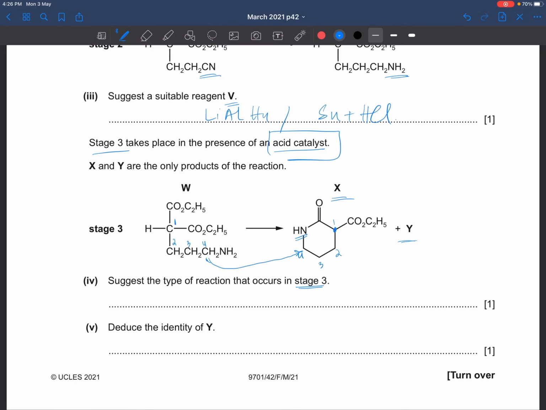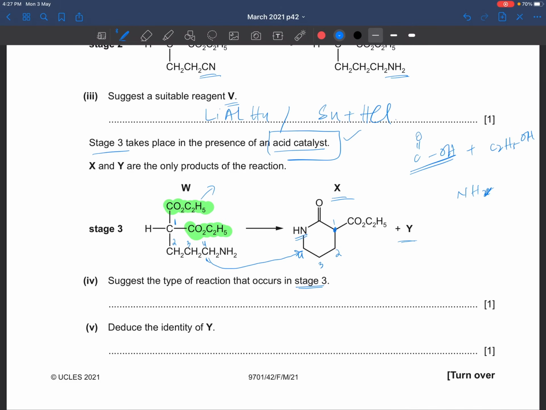So that means condensation occurs. So that means either this CO2C2H5 or this CO2C2H5 is broken. It's being hydrolyzed. First it converted into acid and alcohol, right? If this CO2C2H5 is hydrolyzed in the presence of an acid catalyst, it becomes C double bond O OH plus C2H5OH, and then the C double bond O OH can react with NH2 in a condensation reaction.